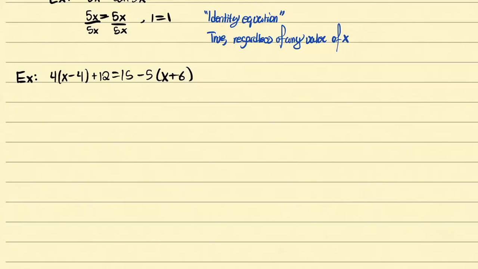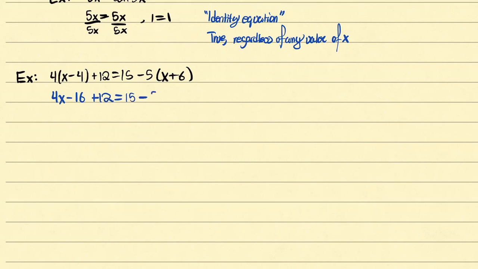So in order to isolate x, though, if you notice, x is kind of trapped inside these parentheses. So I'm going to expand these parentheses and try and just collect all the terms that have x on one side and all the terms that don't have x on one side. That's isolating x. So I'm going to distribute this 4 to get 4x minus 16 plus 12 is equal to 15. And be careful, this is a minus 5 out in front.